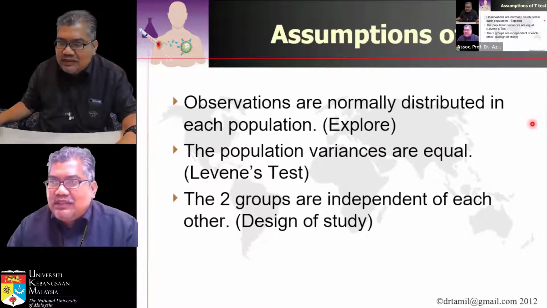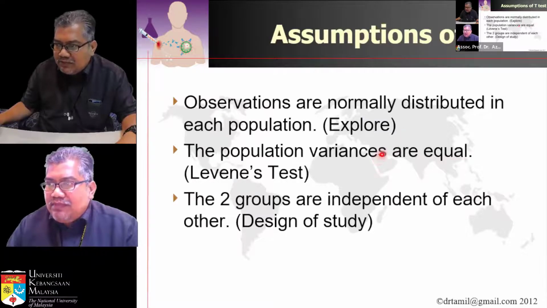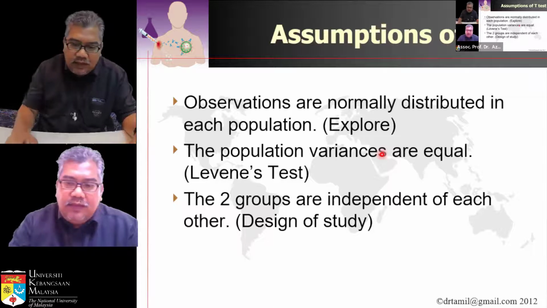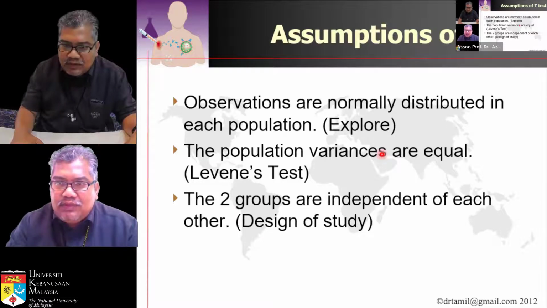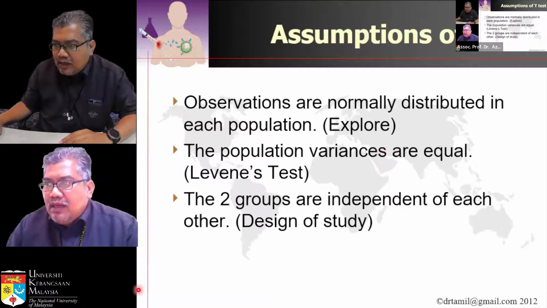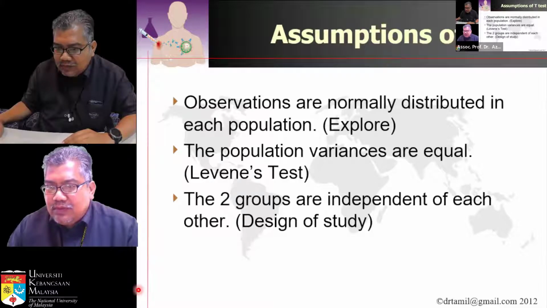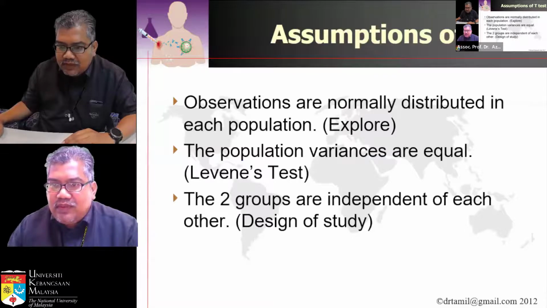Okay, there are some assumptions that you have to fulfill for doing a t-test. For example, the data must be normally distributed. We already covered that last Friday, so just take note of that. That's why we covered the topic, to ensure that your data is normally distributed.